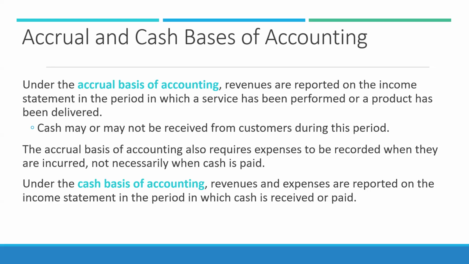So it can be distorted because cash might not be paid until the next year. And that's when we would record the revenues, even though we earned them in the previous year.